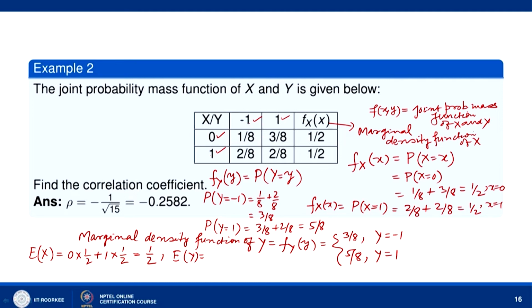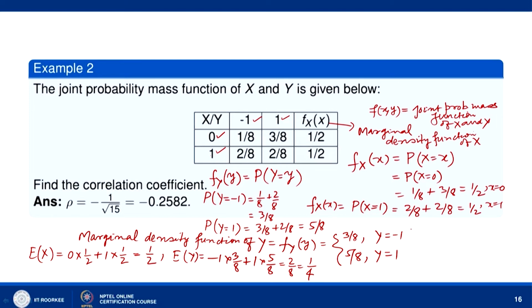So the value of y is minus 1, multiplied by 3 by 8, and then the value of y is 1, multiplied by 5 by 8. So 5 by 8 minus 3 by 8 is 2 by 8, which is equal to 1 by 4. So, expectation of x is 1 by 2, expectation of y is 1 by 4.